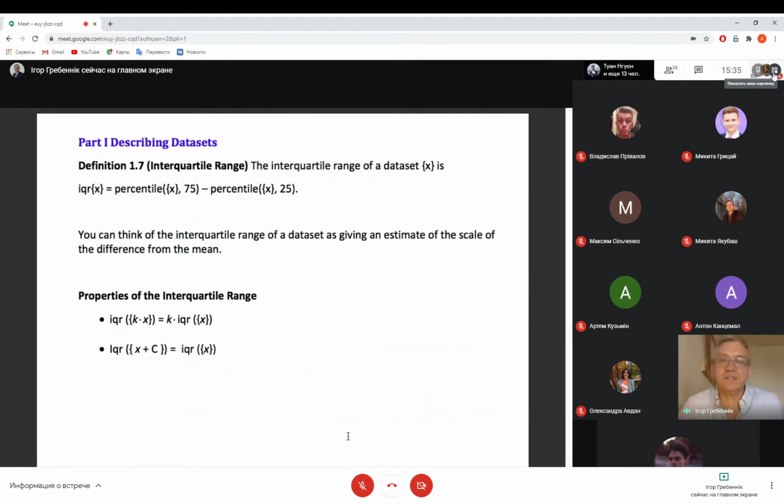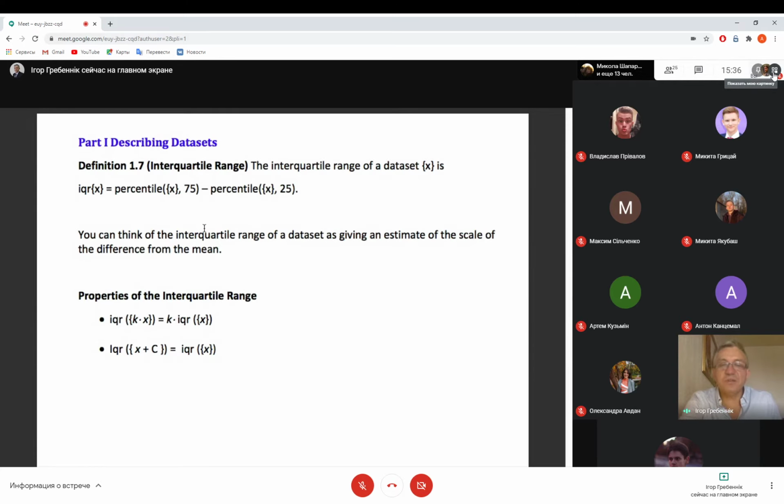What does interquartile range mean? The difference between the third quartile and the first. And the sense of this characteristic is representing an interval of the data which contains half of the items, because 75 minus 25 gives 50%. We will consider some examples today later.